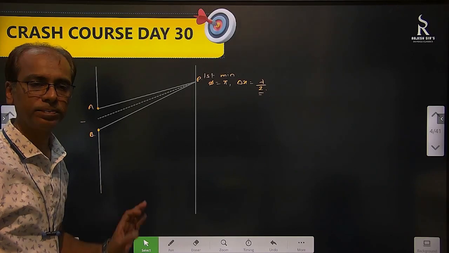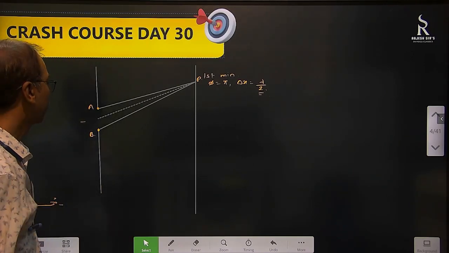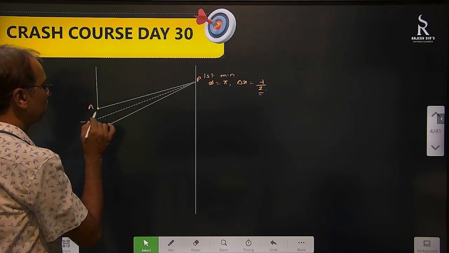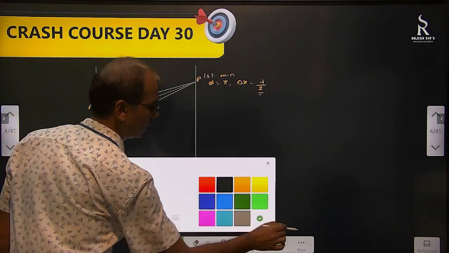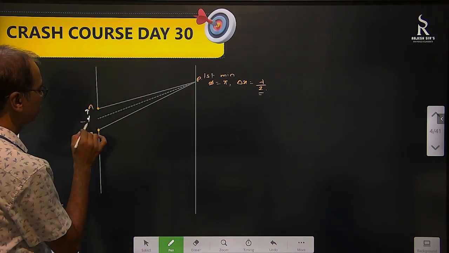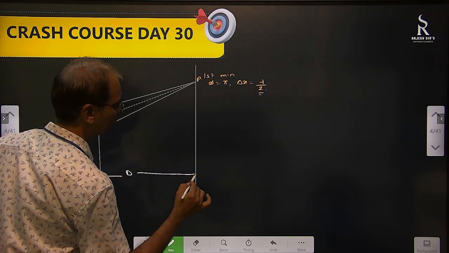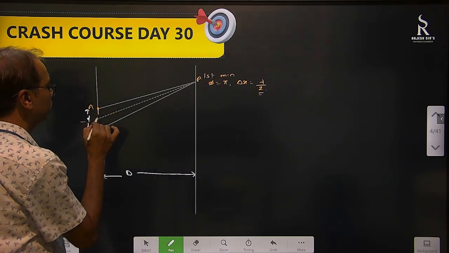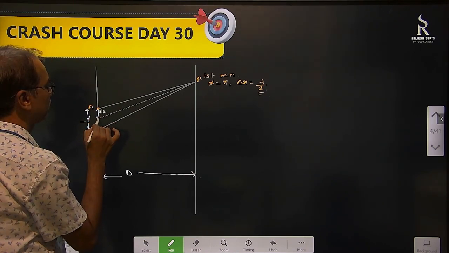Then only it will have minima. So, okay, fine. So, what we will do? Here and here. Now, suppose this distance we are going to take a small d. Okay, this is small d. And this we have already taken as capital D. Okay, so this is d by 2. And this is d by 2.